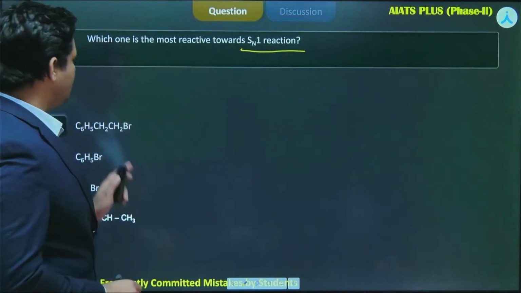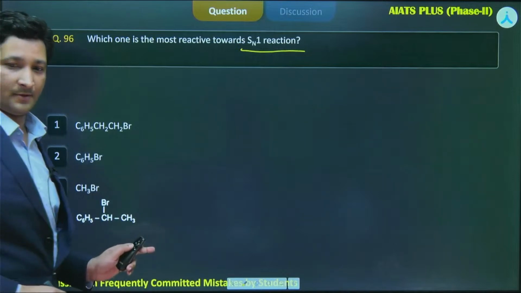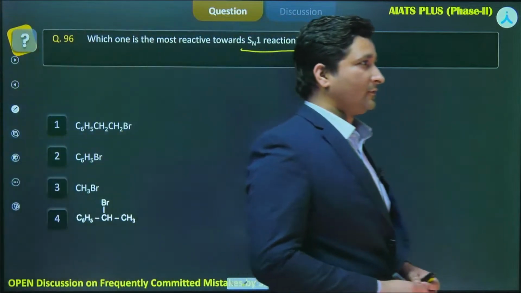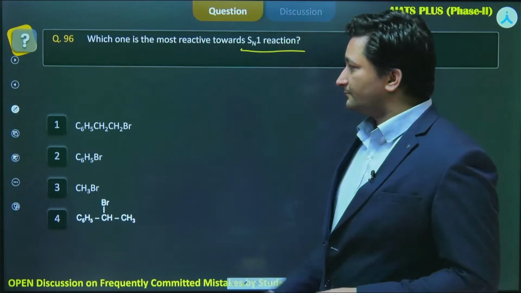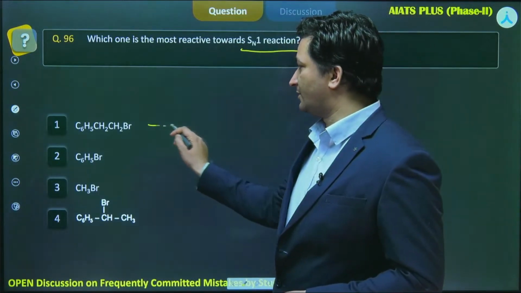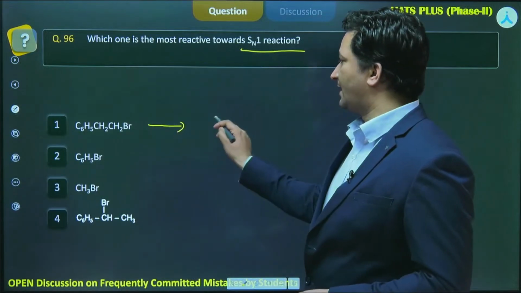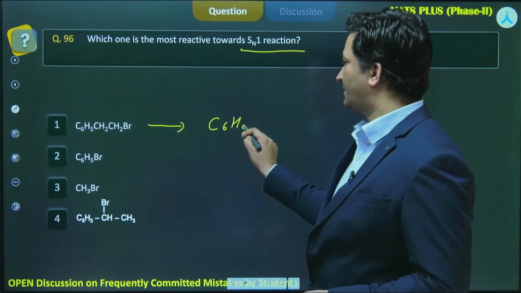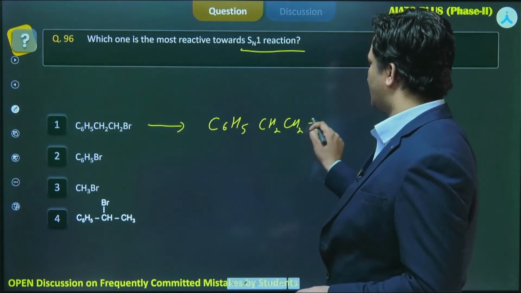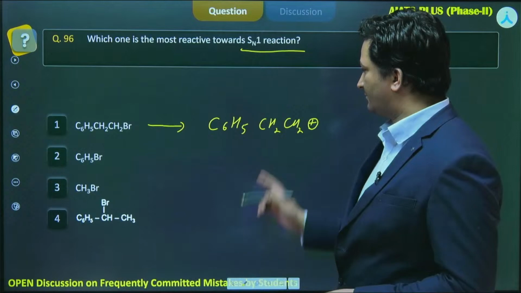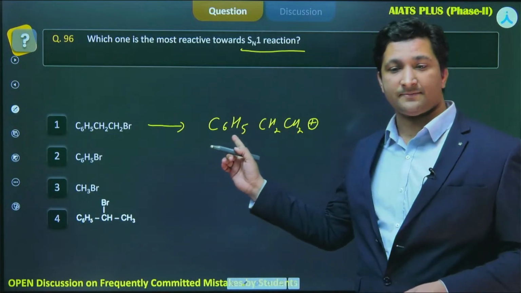Okay, so now in order to solve this question, what we have to do? We have to choose the stability of the carbocation formed. So can you tell which of the following given compounds will form the most stable carbocation? See, suppose we are talking about the cleavage of this bond, then what will happen? C6H5CH2CH2+. This will be the carbocation, but you can see it is not in resonance with this benzene ring.